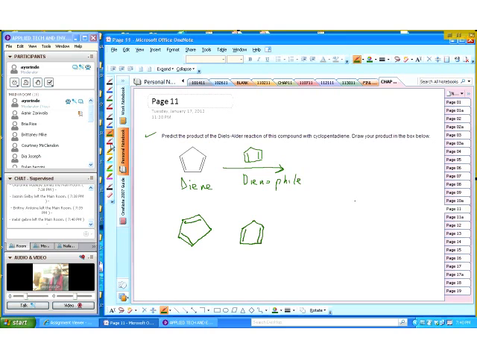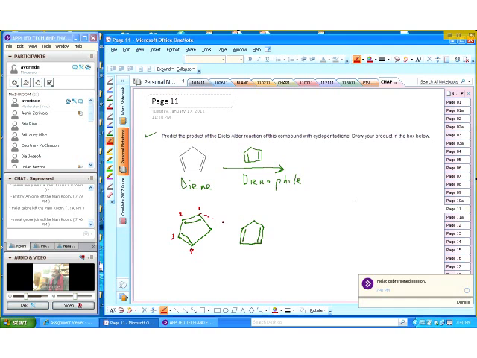So we now do what we normally do. If we say this is 1, 2, 3, 4, we join carbon number 1 to one of the carbons of the dienophile, and then carbon number 4 to the other carbon of the dienophile.